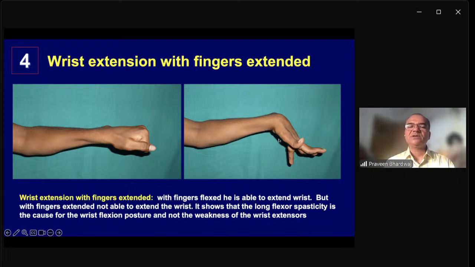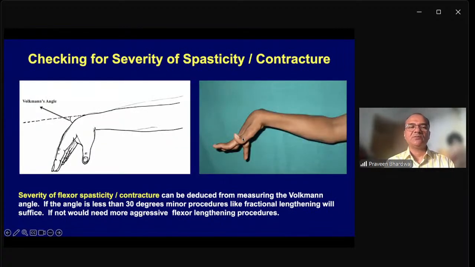So such a patient could get better in wrist posture just by tackling the spasticity of the finger flexors. This level of tightness of the flexors can be judged by checking the Volkmann angle, and that will give us an idea whether you can do a fractional lengthening or you require more aggressive ways of lengthening or releasing the flexor tendons.